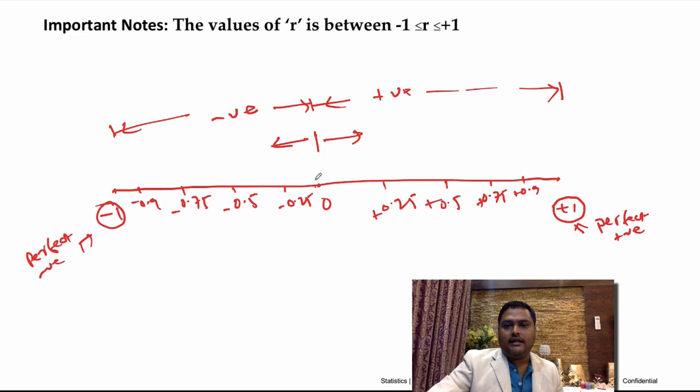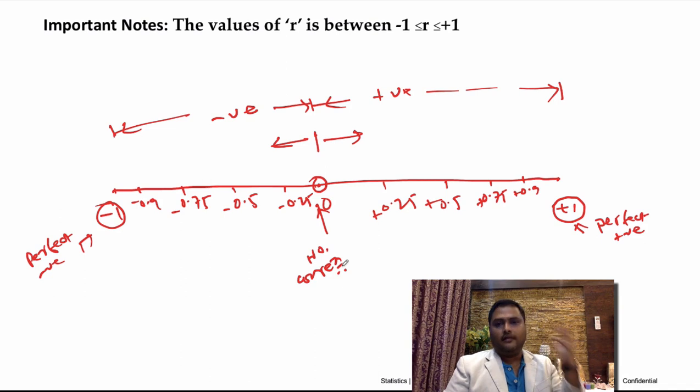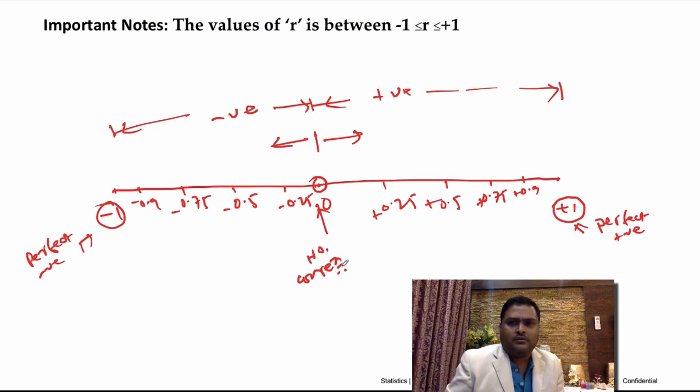And if you are getting the value of 0, I will say there is no correlation existing. That means if I am getting r equals 0 for the relationship between greenery and temperature after applying the formula, then I will say there is no relationship between them, right? So that is the conclusion.